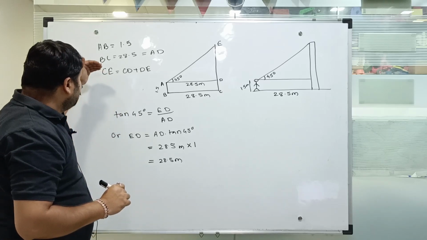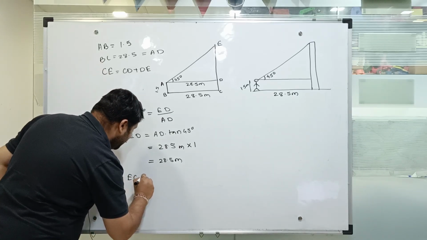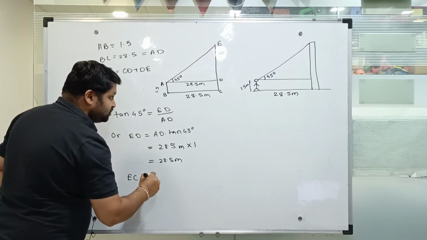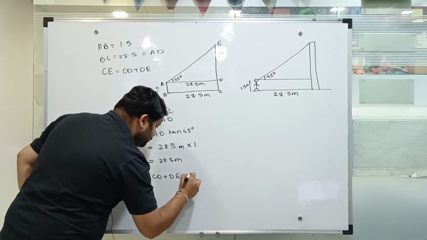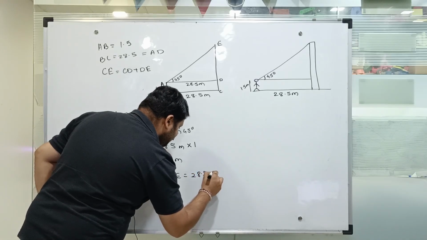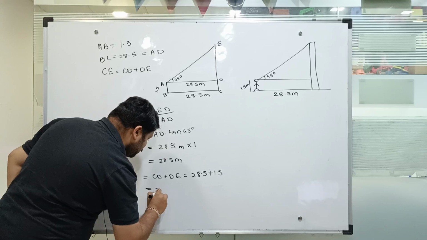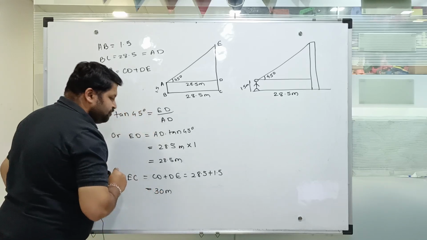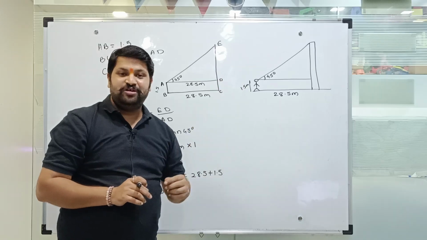Now the length for CE is the height of the tower, that is CD plus DE. So it would be 28.5 plus 1.5. So that would give us 30 meters. And this would be the height of the tower.